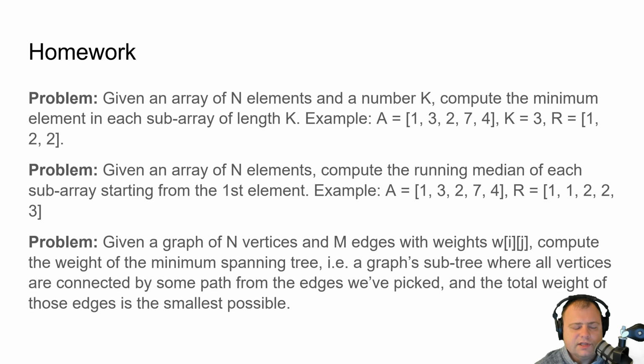So for the second problem, the median, it's a bit trickier. We're actually going to have two heaps, a maximum heap and a minimum heap. The idea is that we maintain the elements split in half between the two heaps.